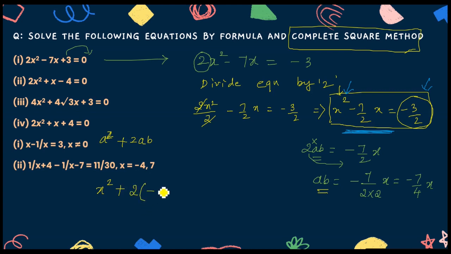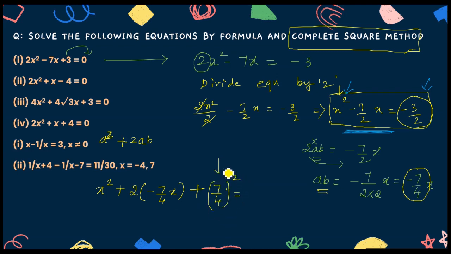Plus 2 times ab, where ab is minus 7 by 4 into x. Then plus b square. This b square is not available, so it is whatever number is present here. Only the number, forget about the sign because the sign will be adjusted: 7 by 4 whole square.